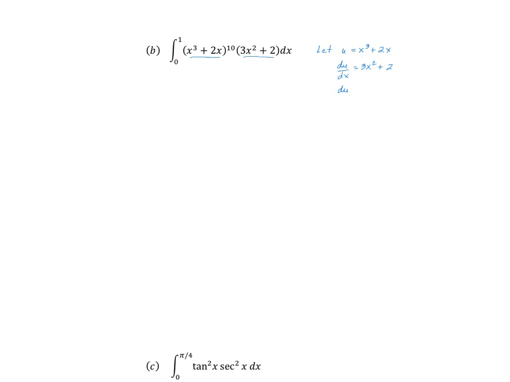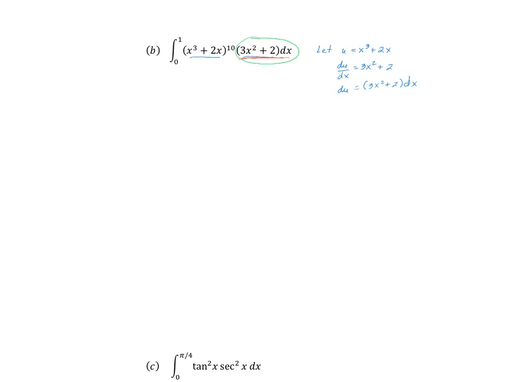So something I wanted to point out to you is that 3x squared plus 2 is that second set of parentheses. So what if I just look at this whole piece, the 3x squared plus 2 dx? That means I can substitute this whole piece with du.